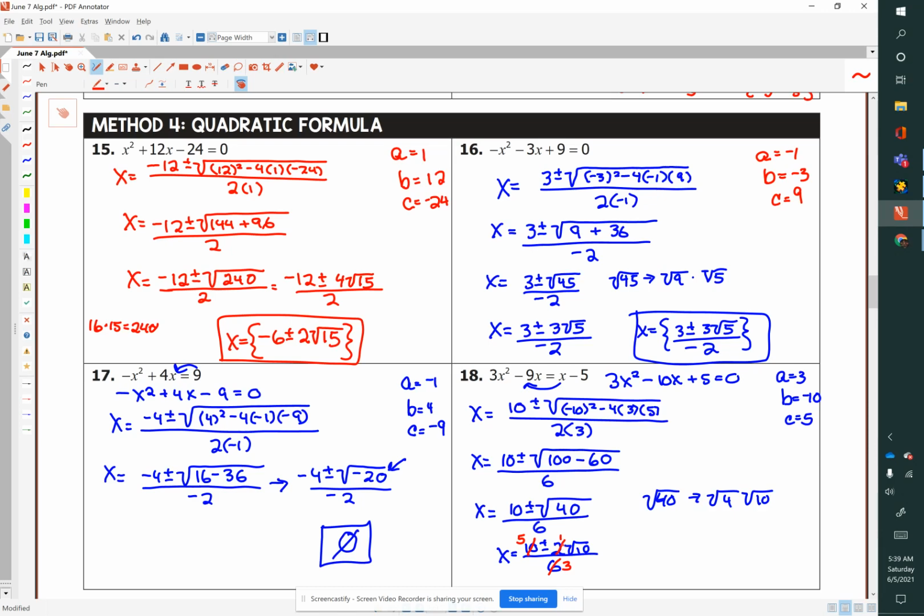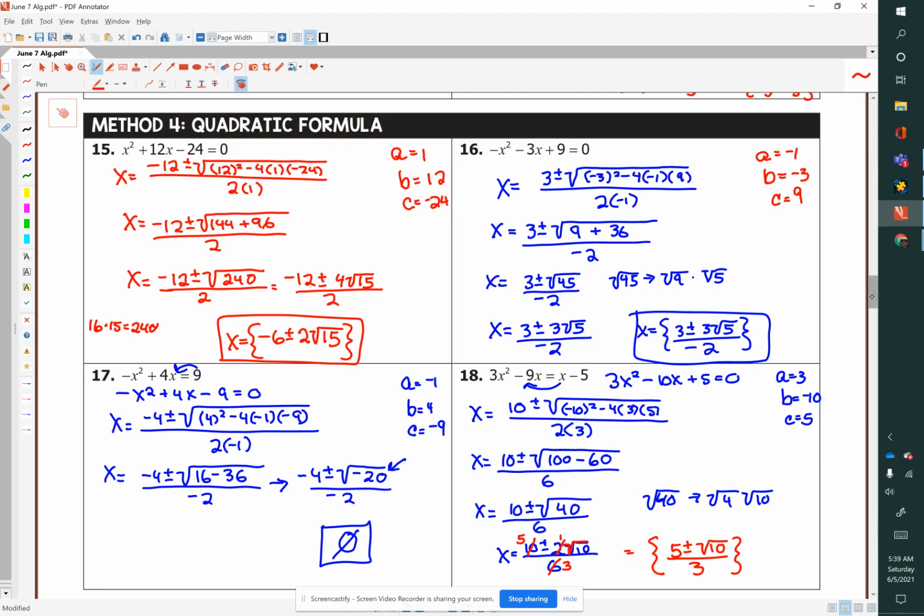So remember, when you have an irrational radical, you can still simplify numerators and denominators. So that means our final answer is going to be, let's use our brackets. So we've simplified. So in the numerator, we have 5 plus or minus the square root of 10. And the denominator, we have 3, and that's our final answer.